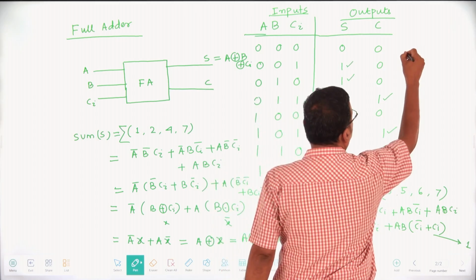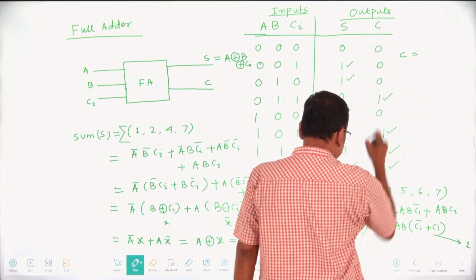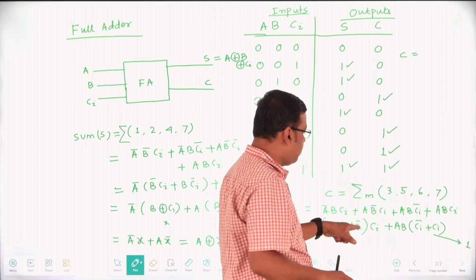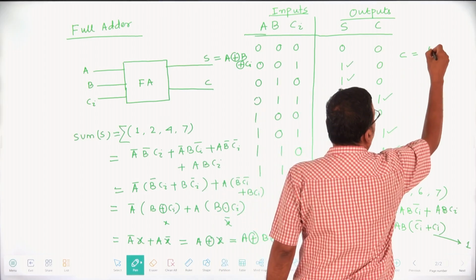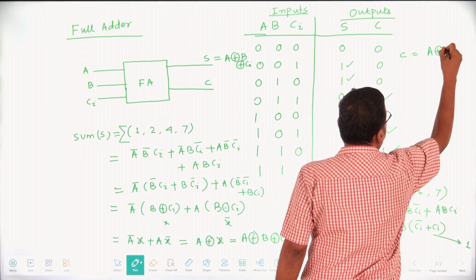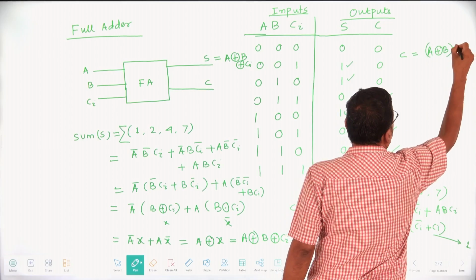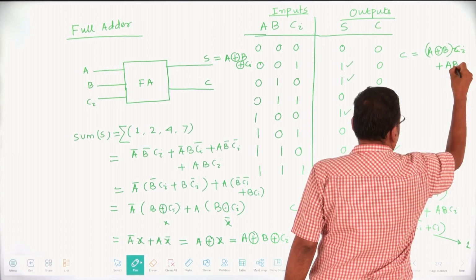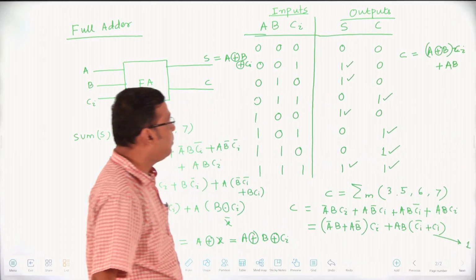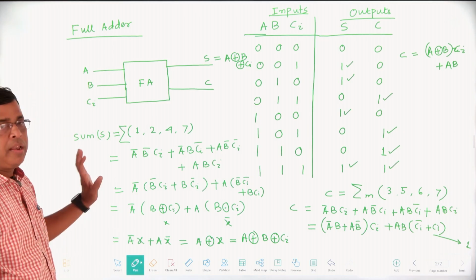So C equal to the expression of the carry, that is A bar B plus A B bar, which is nothing but A XOR B, so A XOR B whole into Ci plus AB. This is one of the important derivations, the carry in case of full adder.